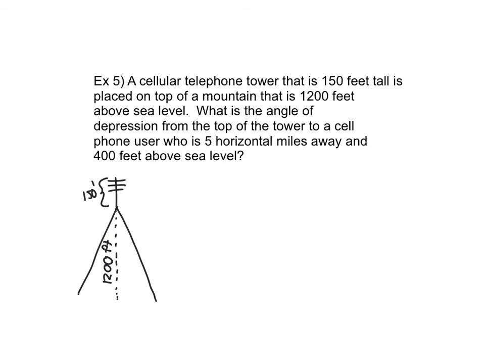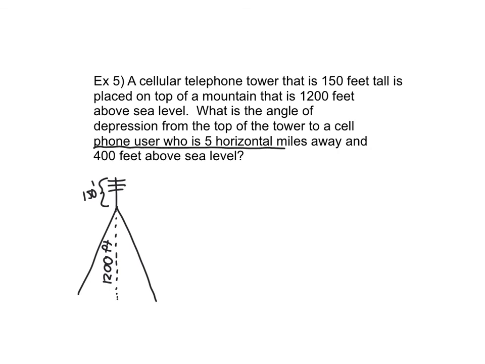We need to know the angle of depression from the top of the cell tower to a phone user who is 5 horizontal miles away and 400 feet above sea level. So let's talk about where our cell phone user is.